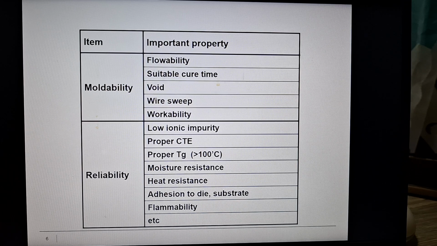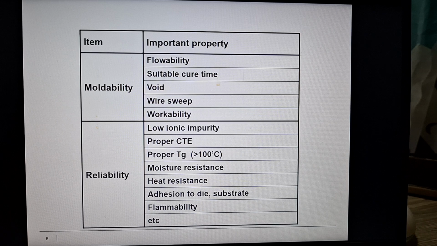Early on I was discussing the very basic terminologies and the basic chemical, mechanical or technical information about the molding compound. Now I'm going to talk about two things that are very important in terms of process. One is the moldability, the next is reliability. These are the important properties. In moldability, you talk about the flowability.